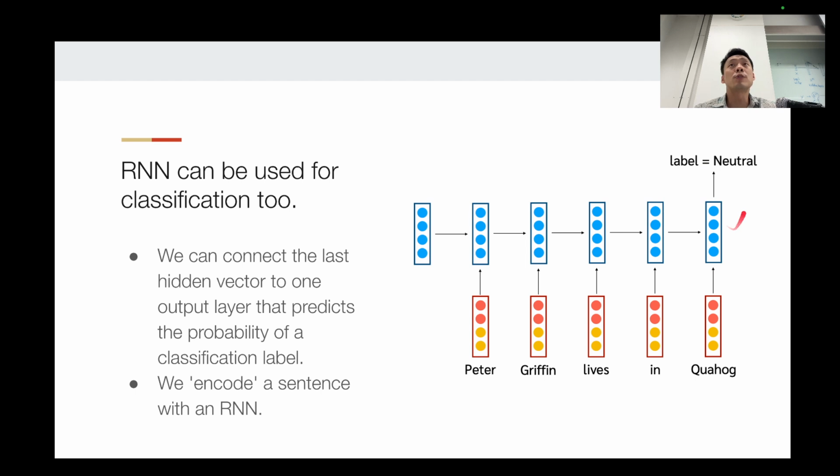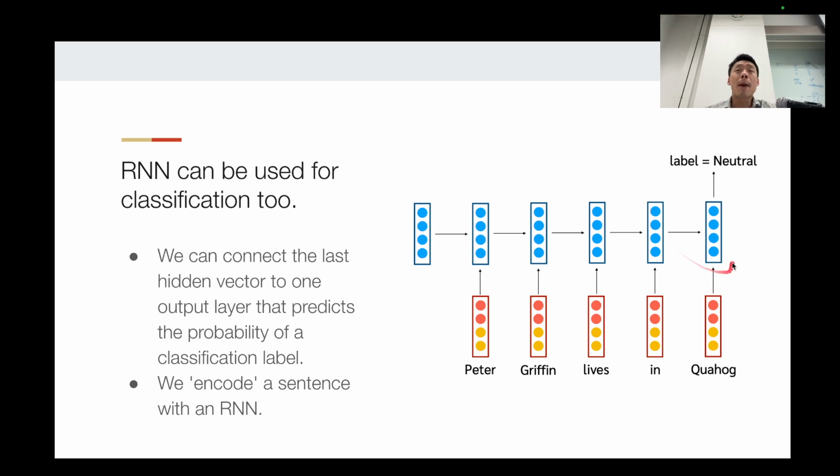So when you want to turn this language model into a classifier, you use the last hidden layer and connect it to a classifier. Again, the same trick we saw before. We use the hidden activation of the last time step and connect it to a classifier so that it gives you a label instead of the probability over the vocabulary.